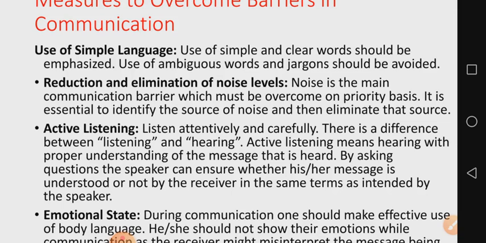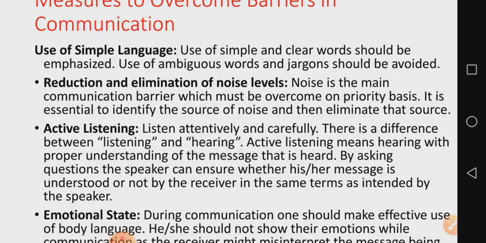Therefore, your first priority should be to remove the noise, or to find a place where you can communicate without external interruptions. So the second measure that you can take is reduction and elimination of noise levels.